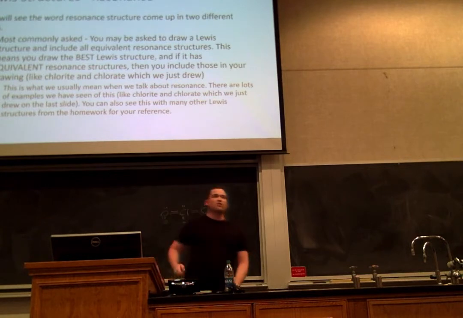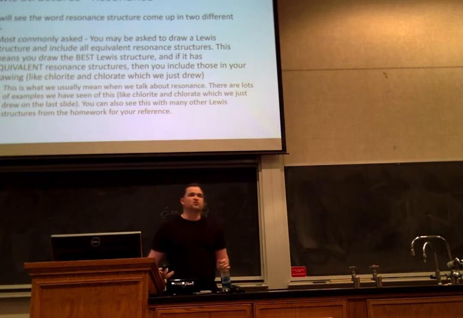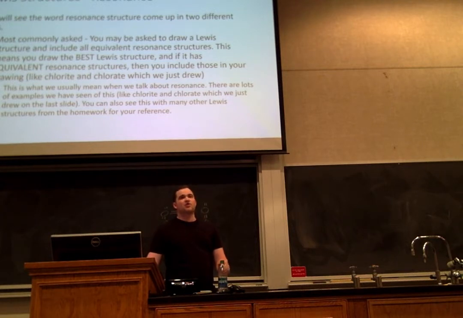Okay, so you will see resonance used in two ways. The most common way, likely the only way, minus maybe one exception, that you will be asked on a test is: draw the most stable Lewis structure and all resonance structures if there is resonance. That was like the one we just did.